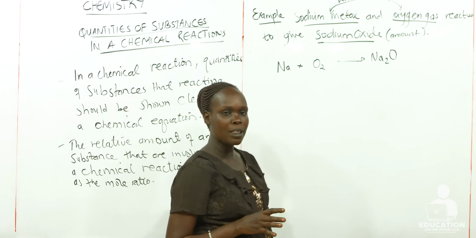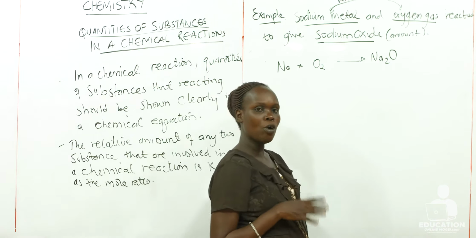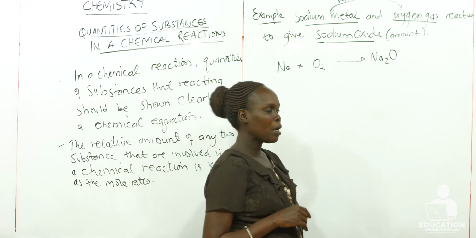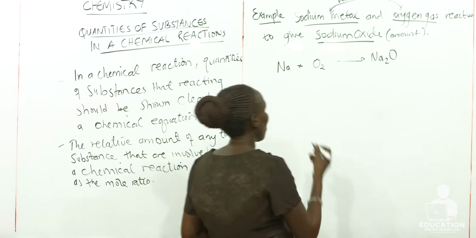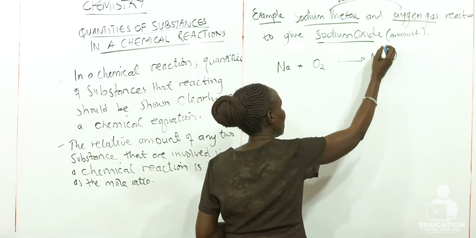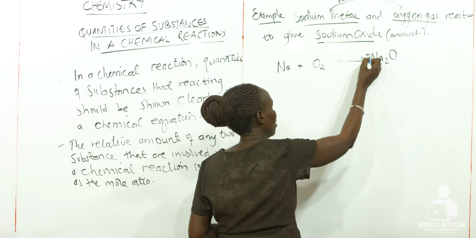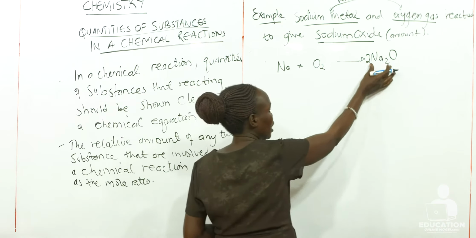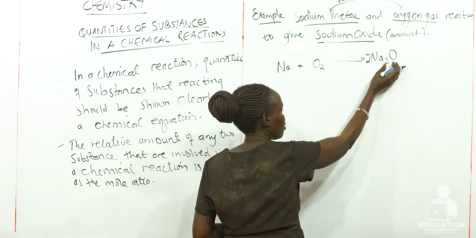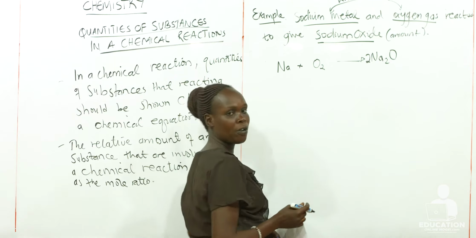So we need to balance it by adding some whole numbers or even numbers. Oxygen is 1 on this side, so we add 2. In this case we have 4 atoms of sodium and then 2 atoms of oxygen.